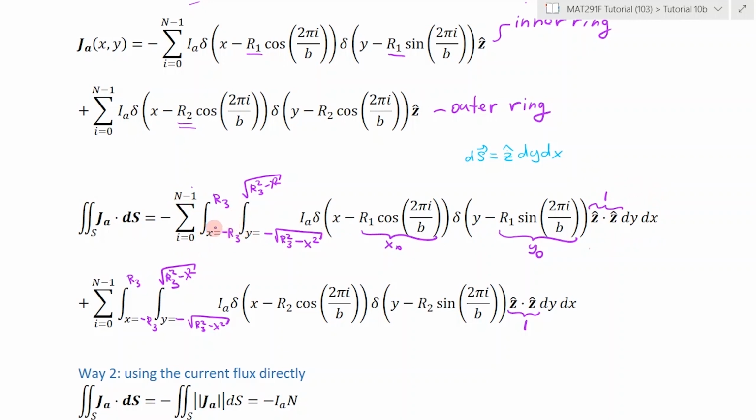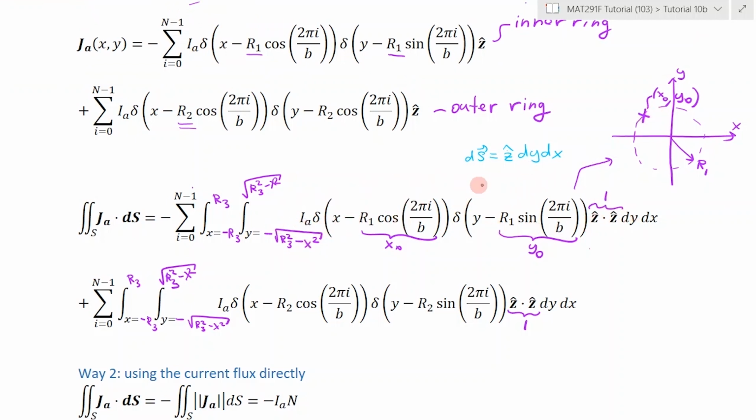So let's forget about the fact that we have a whole bunch of filaments, and just for a minute imagine that all we have is this xy plane, some filament on the inner ring that's indexed with I, and it has coordinates x naught, y naught. And what we also have is the surface over which we're integrating this expression.